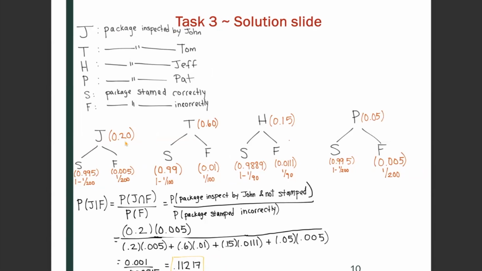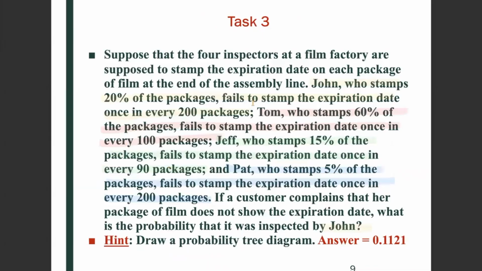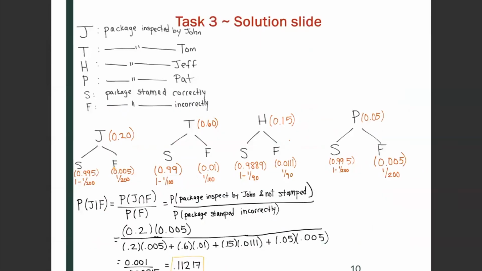Of those, he fails to stamp the expiration date once in every 200 packages. So for the fail event under John, that would be 1/200. The remaining probability for stamping it correctly would be 1 minus 1/200, which is 0.995.